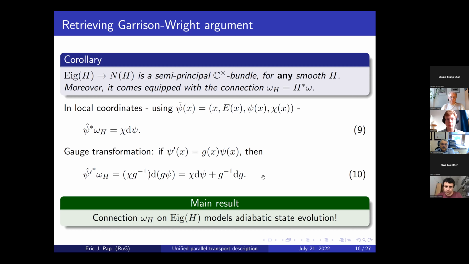May I ask an additional question? Yes. You are just considering this semi-principal C-cross bundle in this way. Why are you not embedding it in a one-dimensional projective space, so that you can handle also the zero and the infinity included? Once again, where do you want to have projective space?